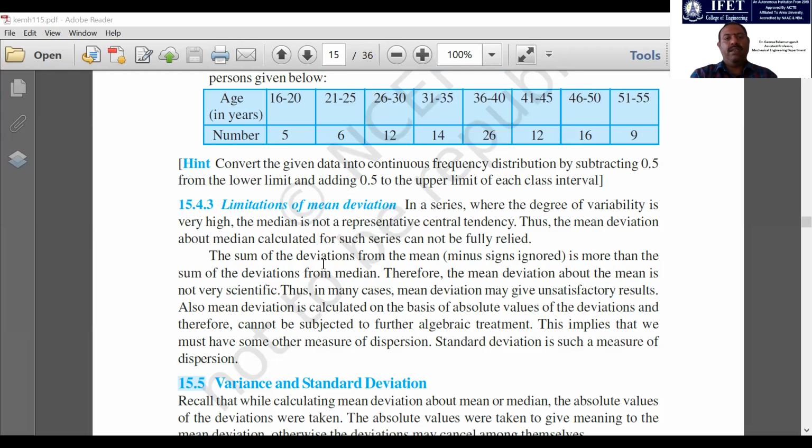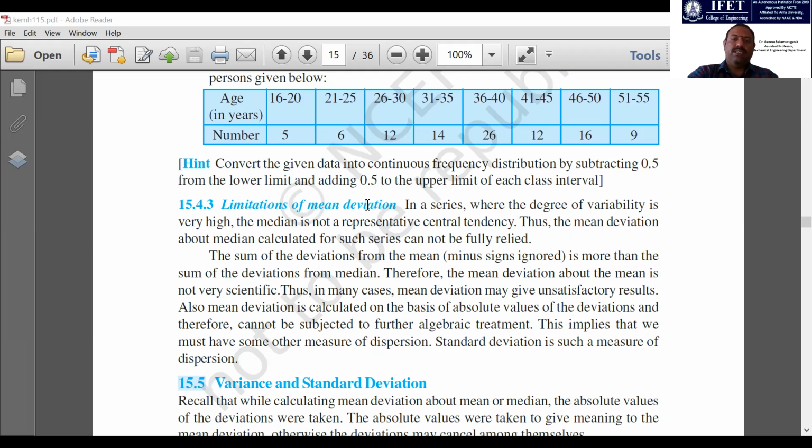But here, after finding the deviation from the central tendency, we find the mean of those deviations, which gives the average value of the deviation. So this is called mean deviation, but it has some limitations. That is why we are going for the standard deviation.